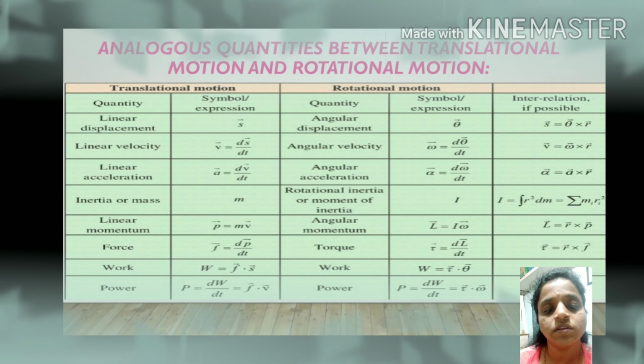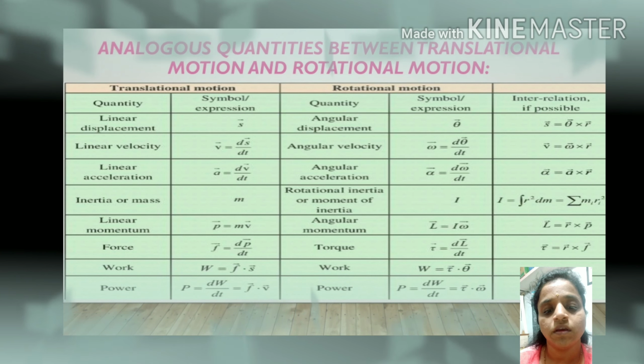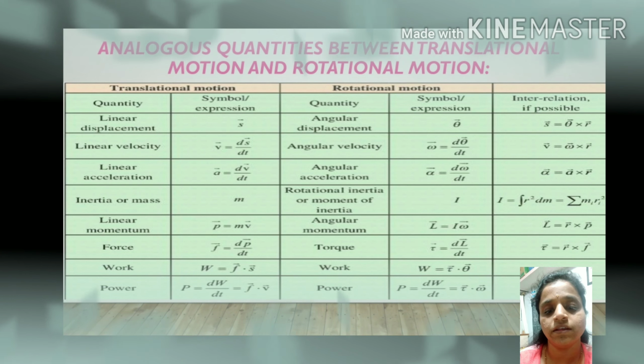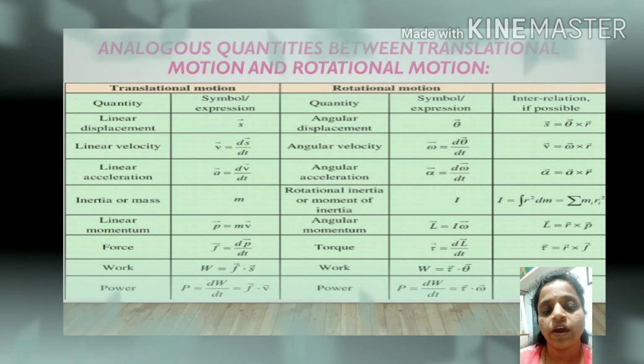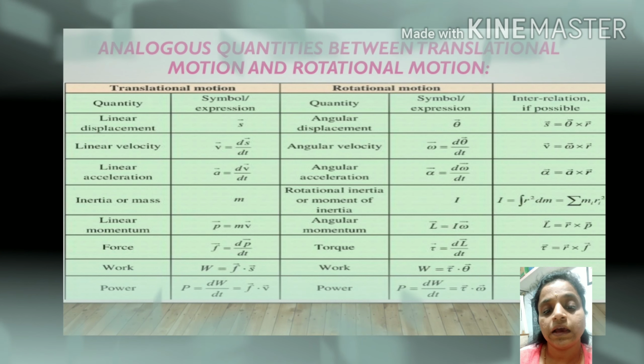Next is force. F bar is equal to dp bar upon dt, that is the rate of change of momentum. Likewise torque, which is analogous to force, tau bar is equal to the rate of change of angular momentum with respect to time, dL bar upon dt.